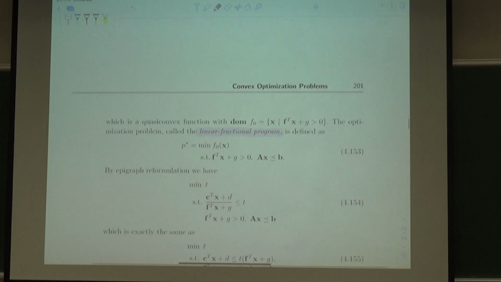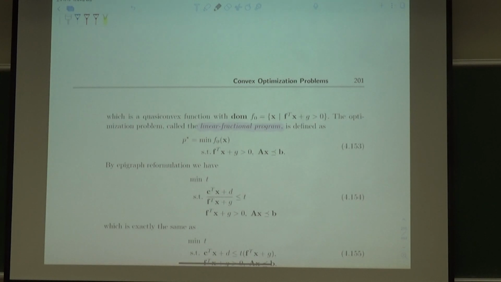Okay, let's consider this problem. It's a linear-fractional problem. Of course, the denominator must be positive, otherwise it is not defined. So this is the problem that we solve. The denominator must be greater than 0, then Ax less than or equal to b.